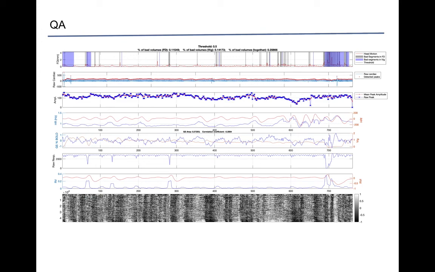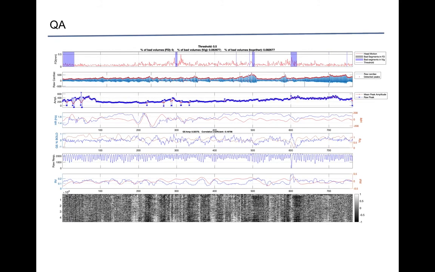Then maybe it's not a good idea to use this respiratory waveform and include it in the model. This is a decision that, if you look at your data, you will notice, but if you let the code just compute your regressors, you may not notice it later on.